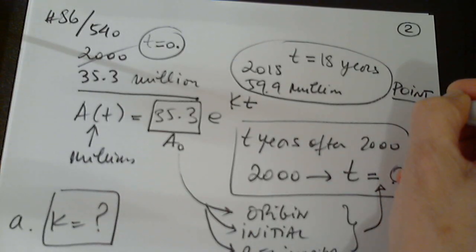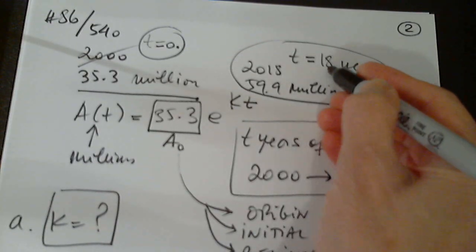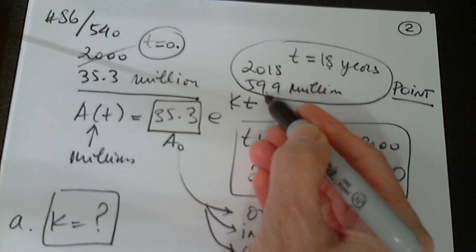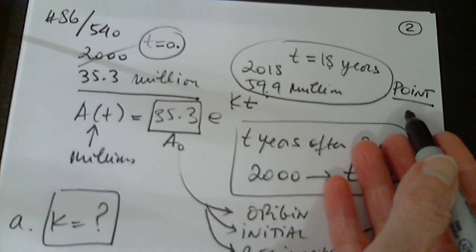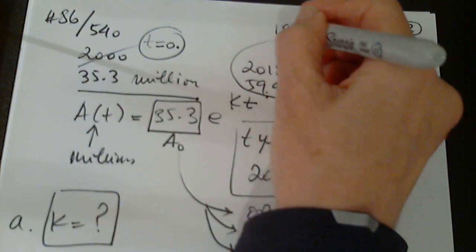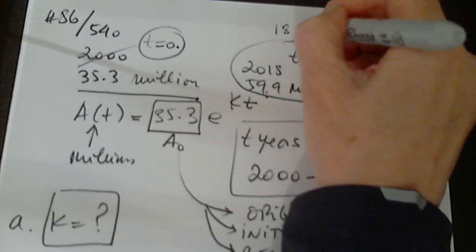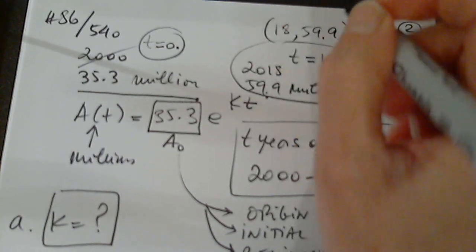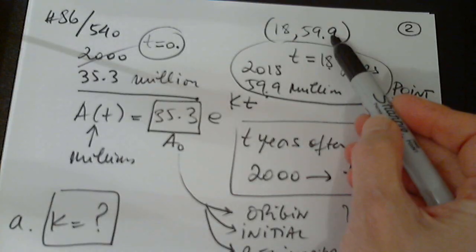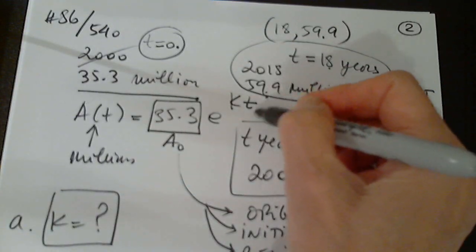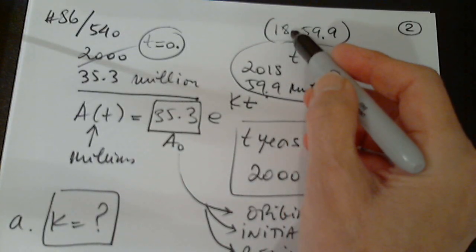Now, I do have another piece of information here, which is a point. What do I mean by a point? When t is 18, A of t is 59.9. This is the point, an ordered pair. In other words, 18, comma, 59.9, which means when this piece is 59.9, this piece is 18.